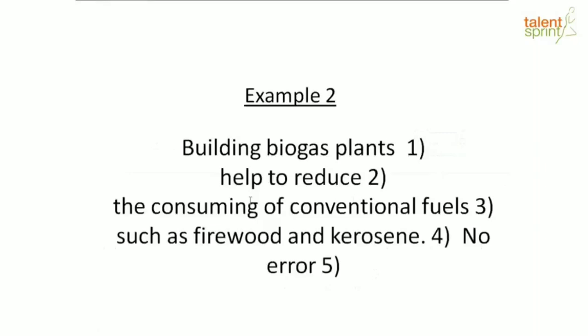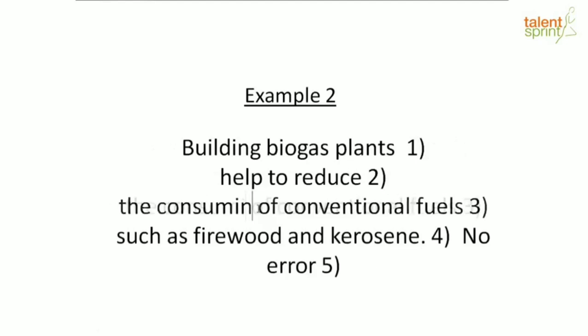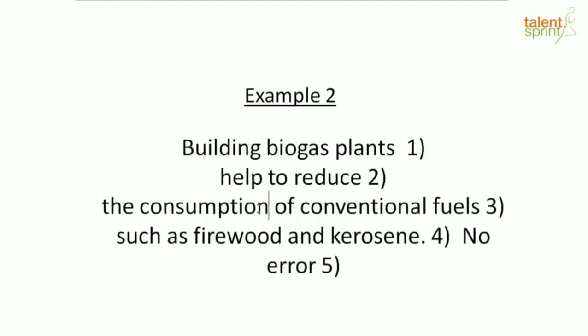So if I take the base verb consume, consume, consumed, consuming, which is the first verb, how do I change that to a noun form? Pretty simple. Let's go ahead and do that. Consumption, right? So that's our corrected version right there.